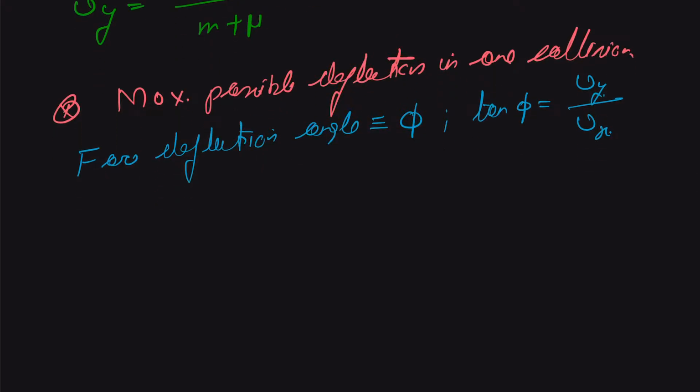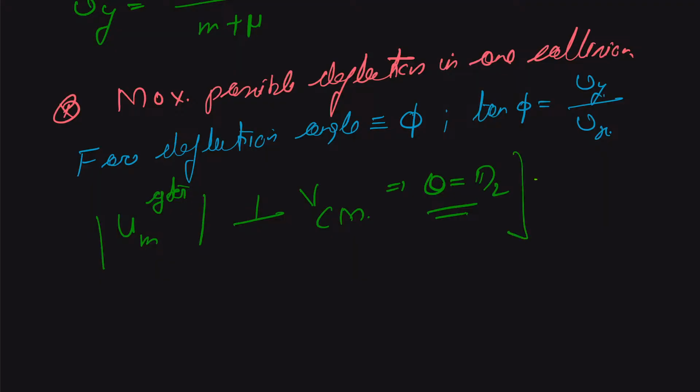Or in simplest terms we can write that u of m after collision should be perpendicular to the velocity of the center of mass, which basically means that the value of theta is equal to pi by 2. Okay, and this is for maximum deflection.